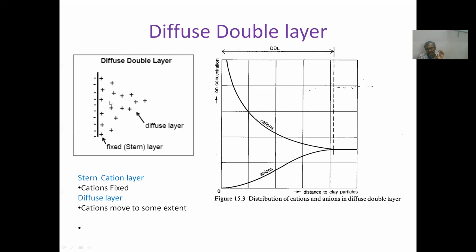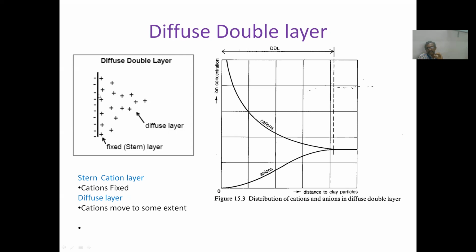And after some distance, you will see more cations and fewer anions, but these cations will move only to a certain extent, and their movement will still not be as free as in the distant locations.